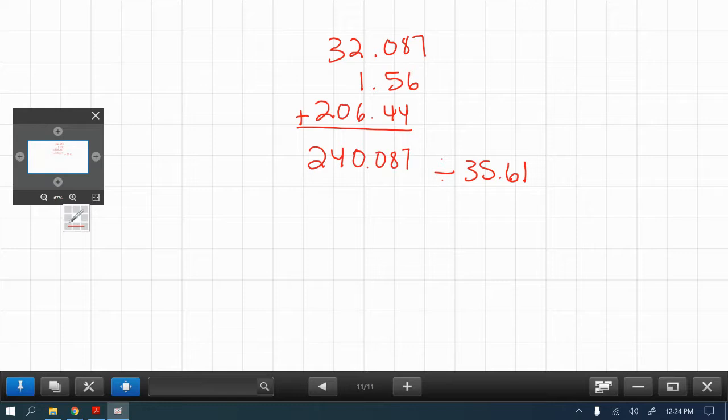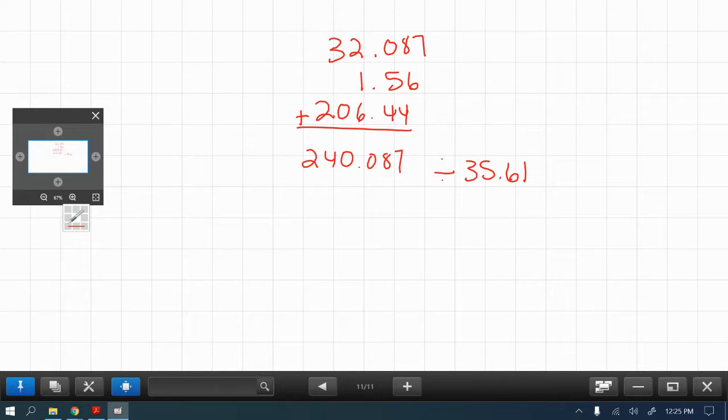32.0851. Let me add them again. 32.087 plus 1. Okay. Book has different numbers. That's 12.3.